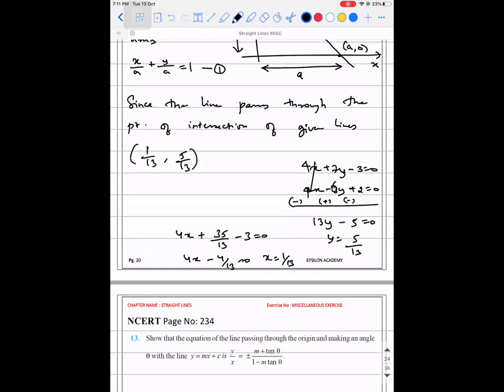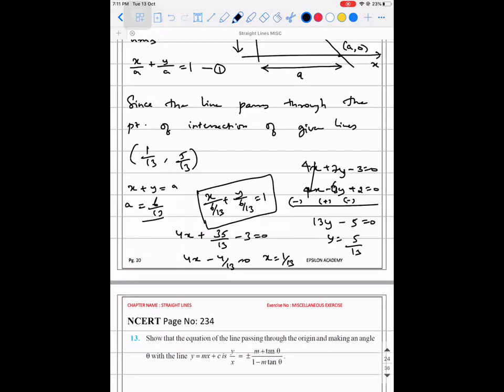So substitute 1 by 13 comma 5 by 13 in 1. Since x plus y is equal to a, a will be 6 by 13. So what will be the required equation? Required equation will be x divided by 6 by 13 plus y divided by 6 by 13 is equal to 1. So 13x by 6 plus 13y by 6 is 1. So 13x plus 13y is equal to 6 is the answer.